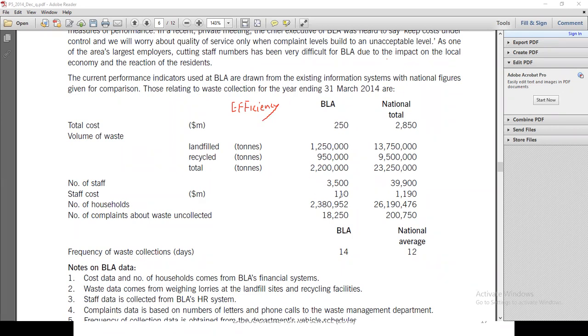The output can be looked at in terms of the tons, these tons of waste. This can be taken as our output. What is the input? The manpower, this manpower. Or it can be taken as the money that you have injected in.